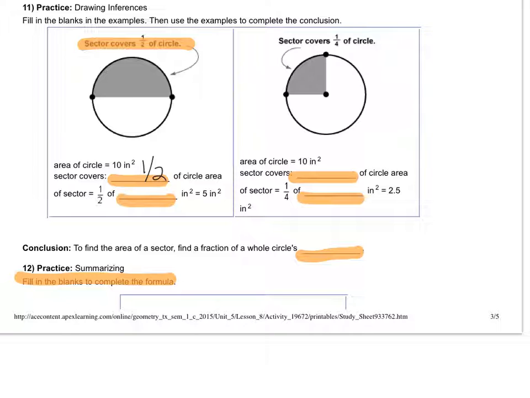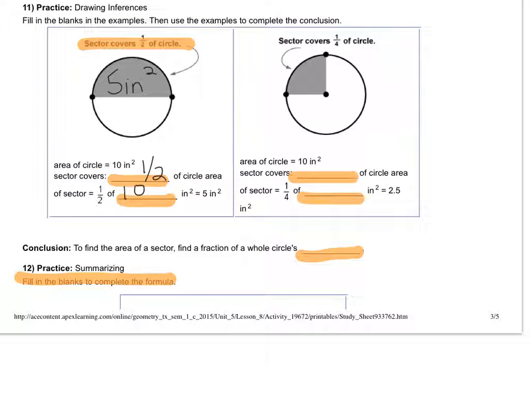Half of 10, because 10 is my area, is going to be 5 inches squared. So this area right here in gray, or in this case the white area, is actually 5 inches squared.